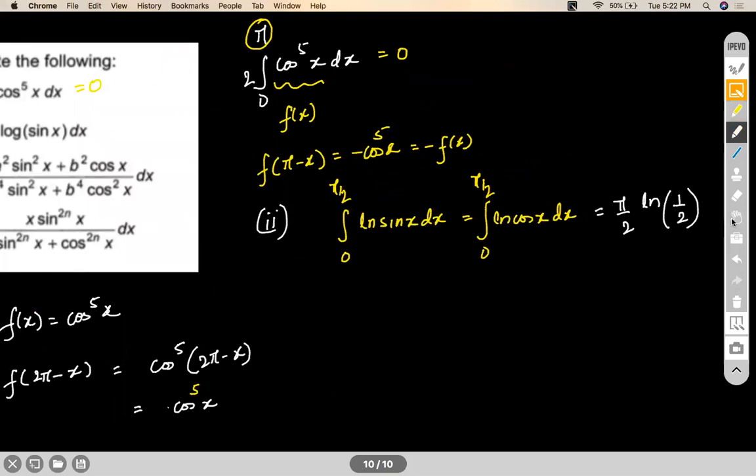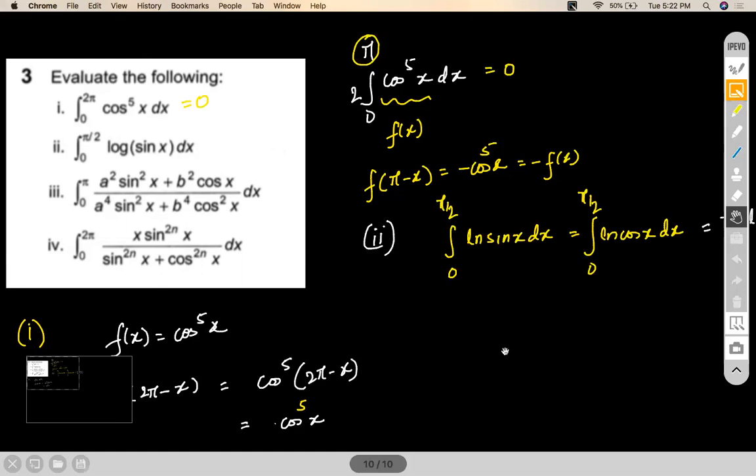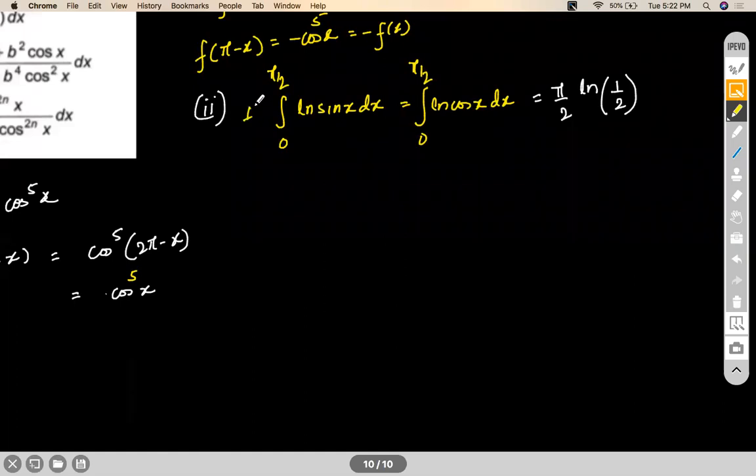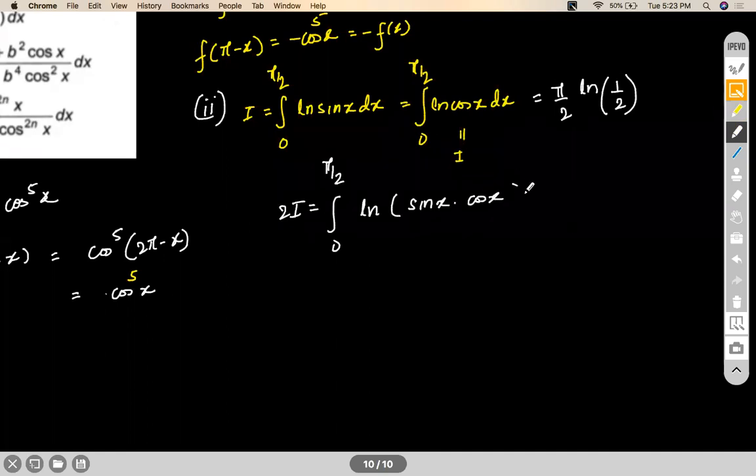So how do I do this? I'll just help you to do this. First of all, this step is very clear because you can use King's property. So if this is I, this will also be I. Let us add them to get 2I. So if you add, you get the integral from 0 to pi by 2 of ln sin x and cos x, which get multiplied because your log property says log a plus log b is log ab.